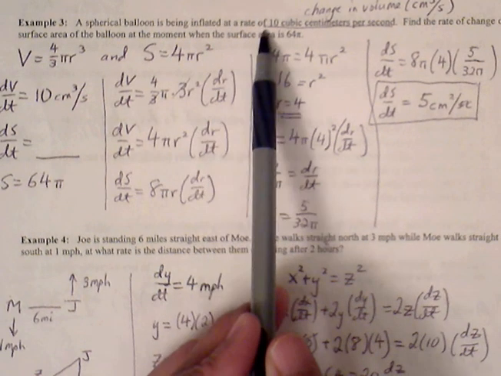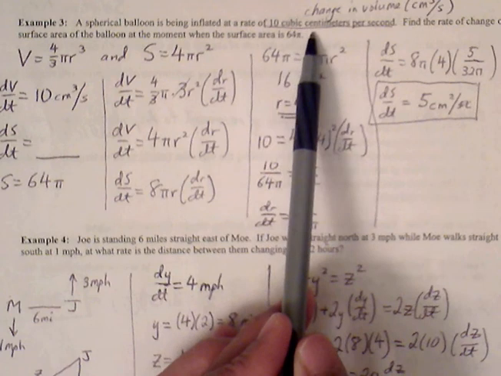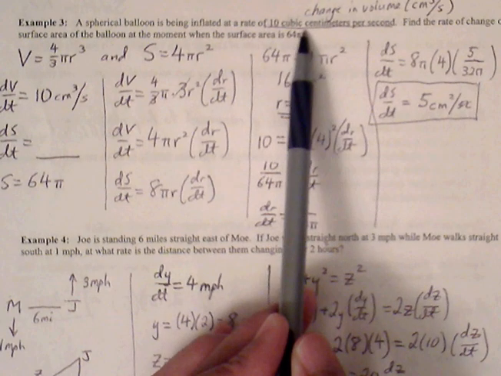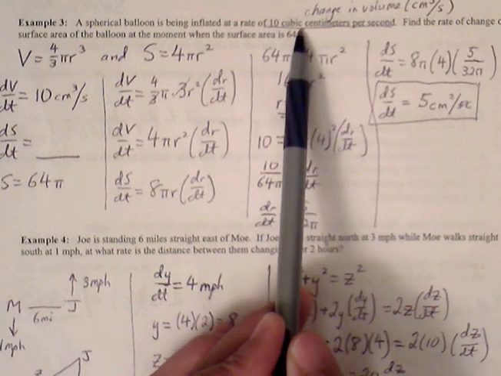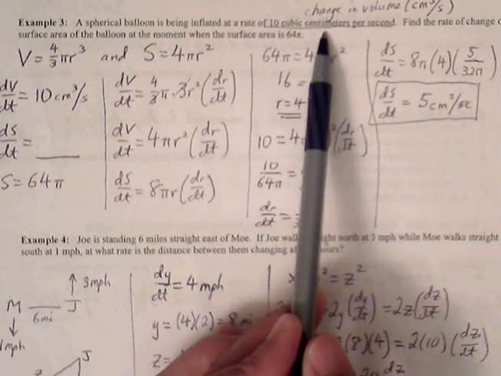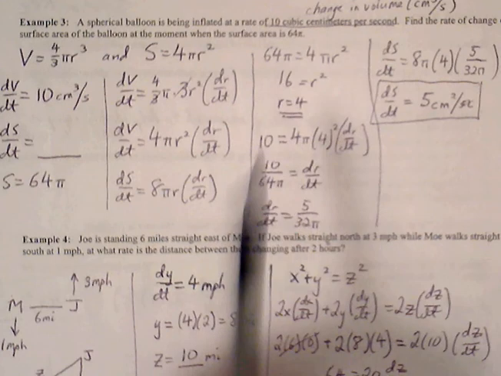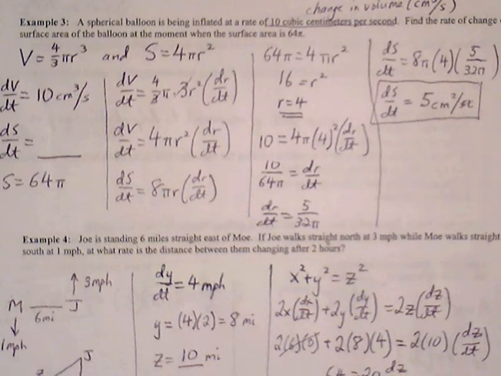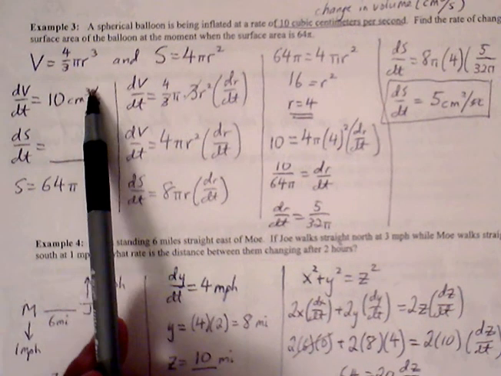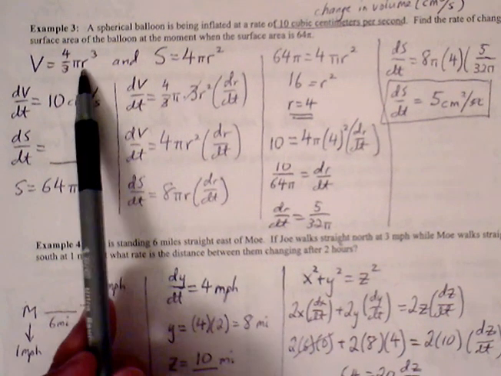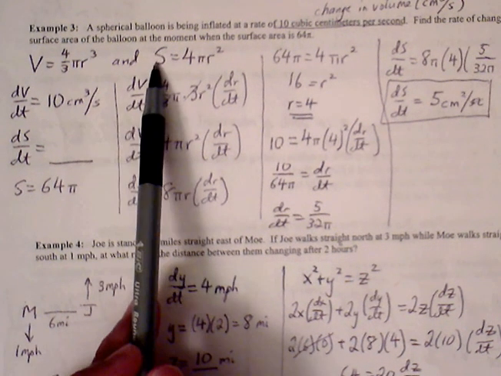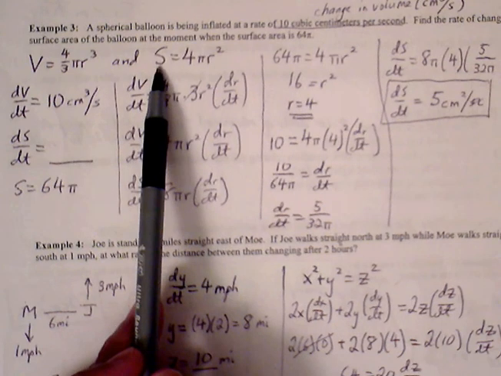The balloon is being inflated at a rate of 10 cubic centimeters per second. Cubic centimeters is a unit of measurement for volume. So we know we'll also be dealing with the volume of a sphere, which is 4/3 pi r cubed. Right? We know we'll be involving the derivative of both of these equations.